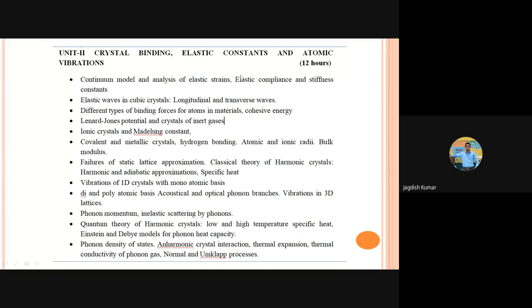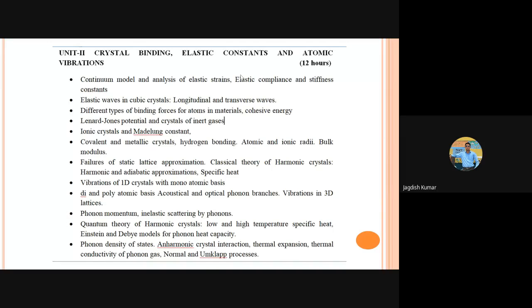As the title indicates, this unit is related to understanding of crystal binding, and how elastic constants are useful for describing the characteristics of the crystals. Also, the role of atomic vibrations in the crystal.